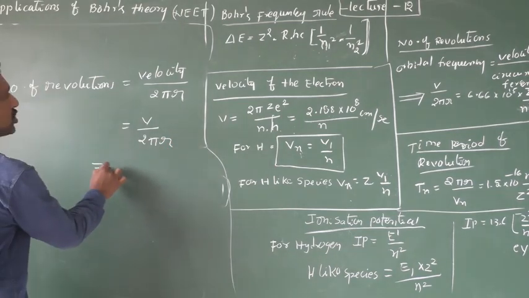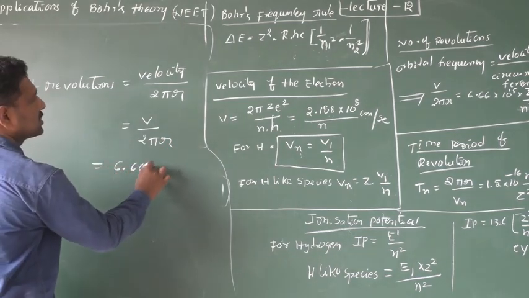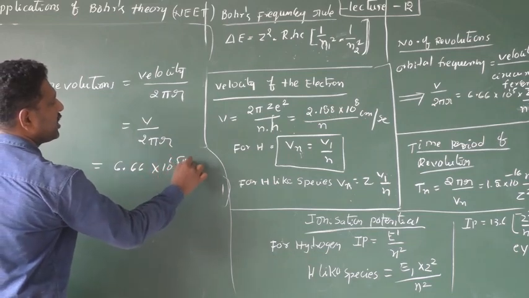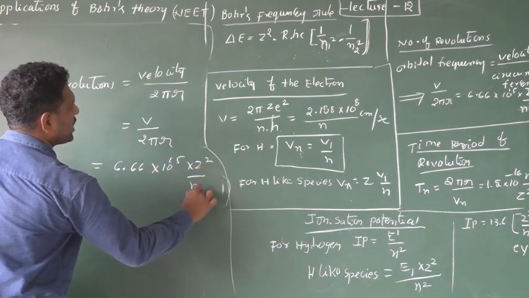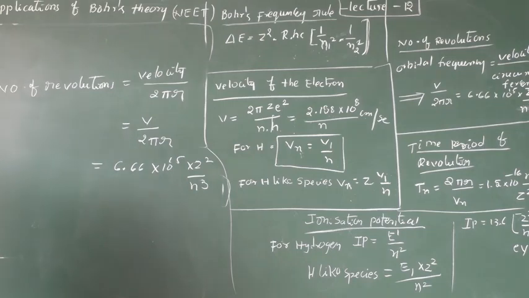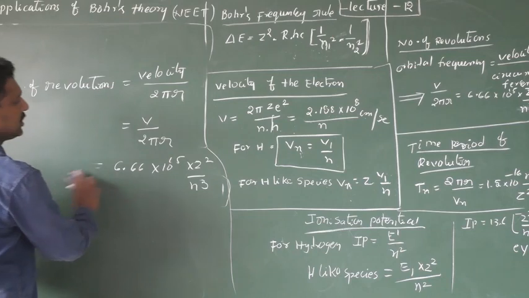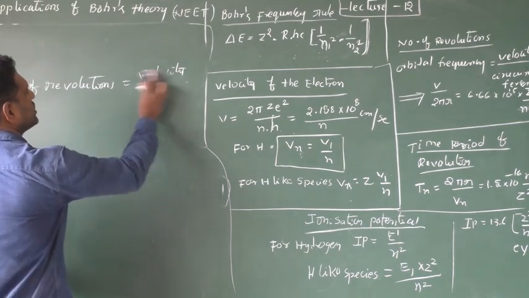After substituting the value, 6.66 into 10 power 15 z square by n cube. This is z square by n cube. These are the number of revolutions.